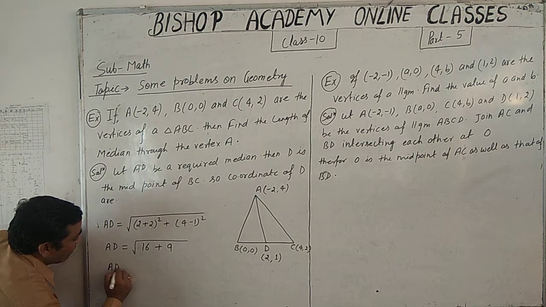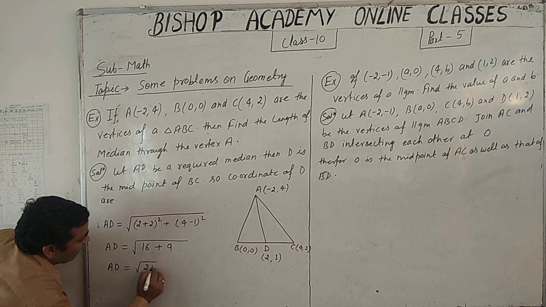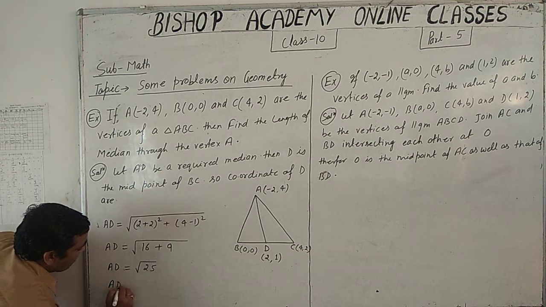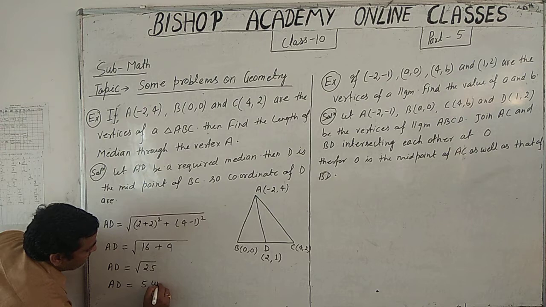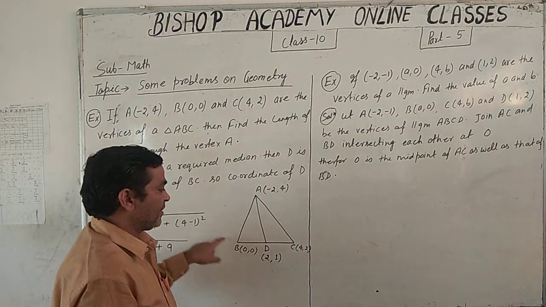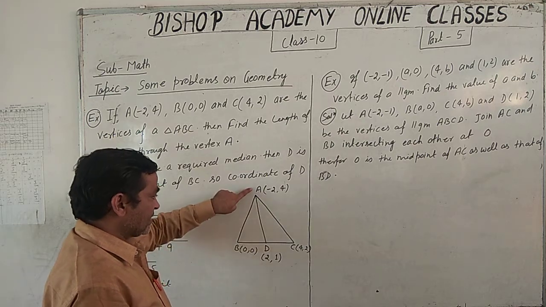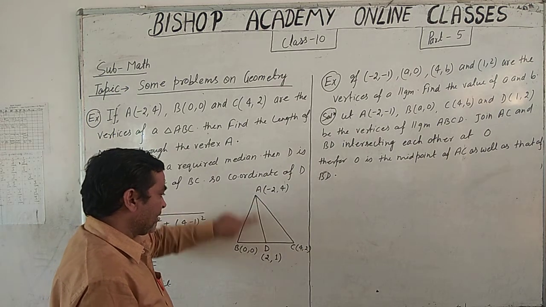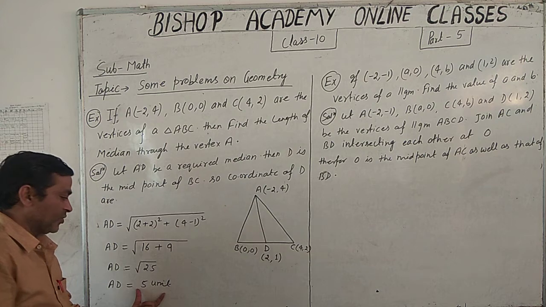Length of AD equals under root 25, hence AD equals 5 units. The median AD of triangle ABC through vertex A has length 5 units.